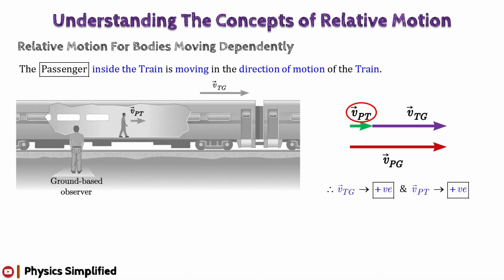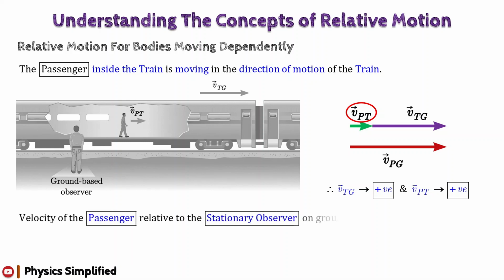So, the magnitude of the velocity of the passenger relative to the ground-based stationary observer is obtained by the algebraic sum of the velocity of the train relative to the ground, and the velocity of the passenger relative to the train. Therefore we obtain v suffix pg is equal to v suffix tg plus v suffix pt.